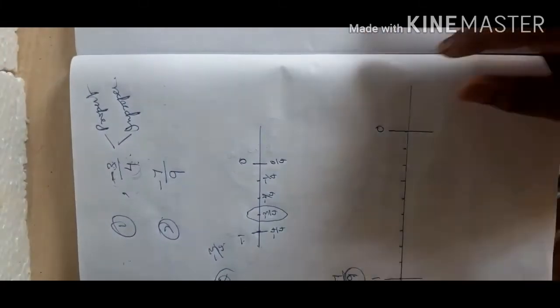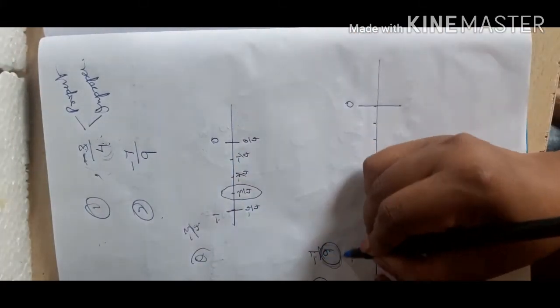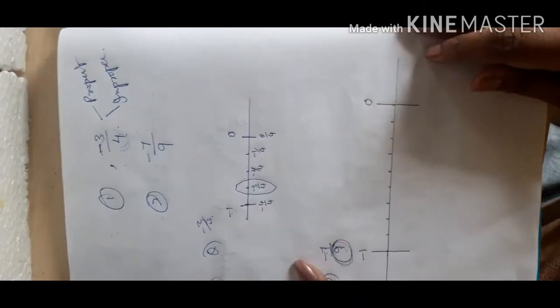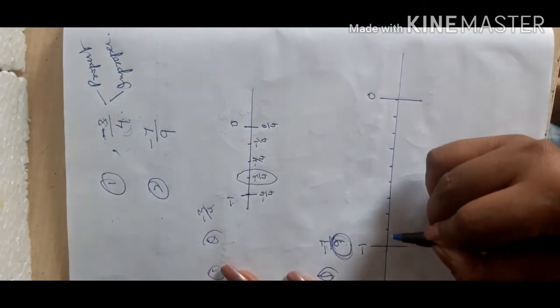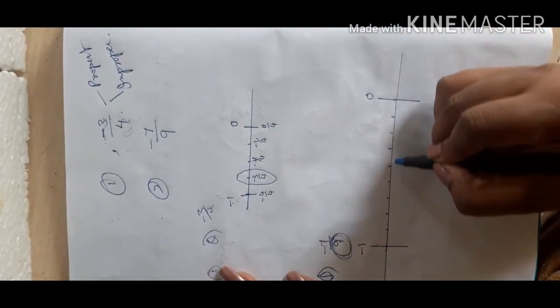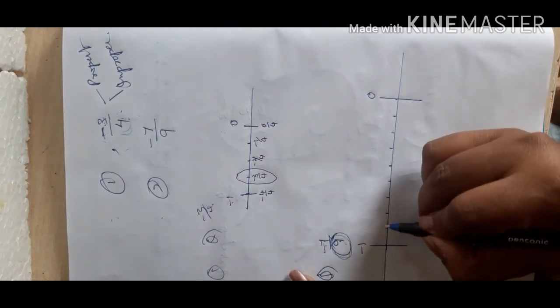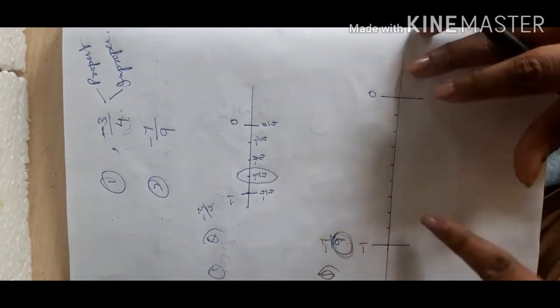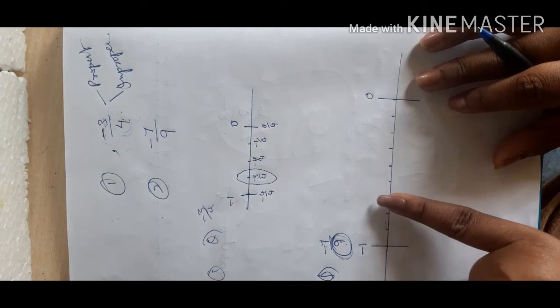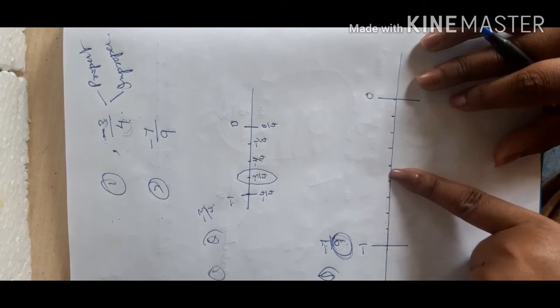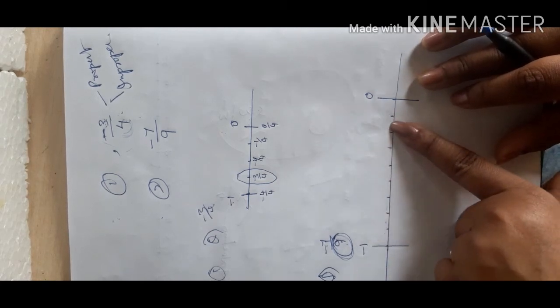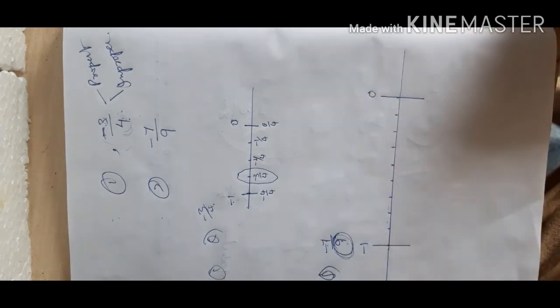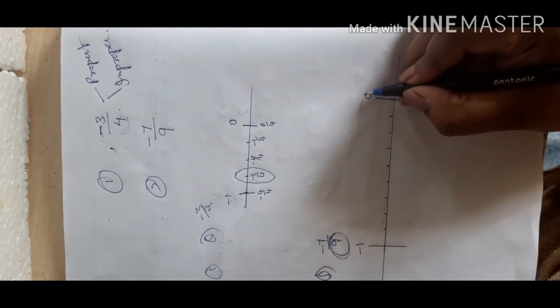Now what is the denominator here? 9. So you need to make 9 parts. When you are drawing 10 points, obviously the spaces will be 9 only. Count 1, 2, 3, 4, 5, 6, 7, 8, 9. Clear? Now you need to start from 0.